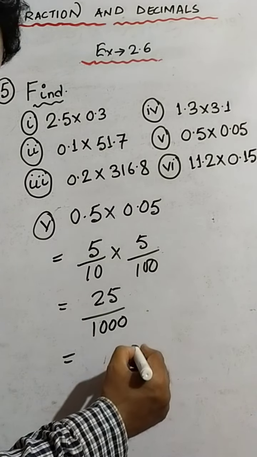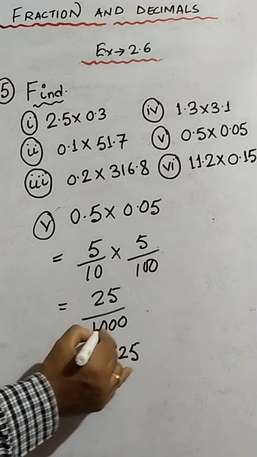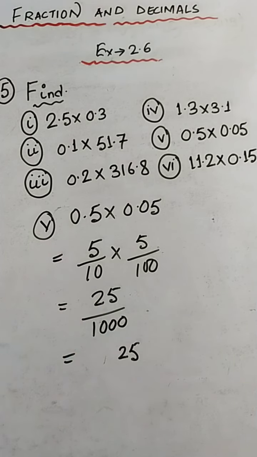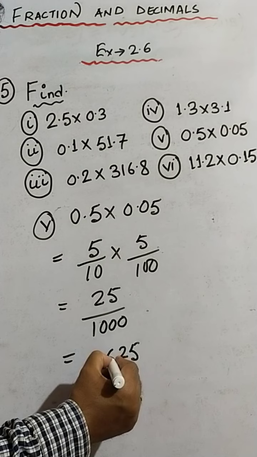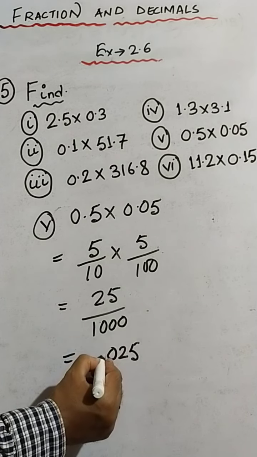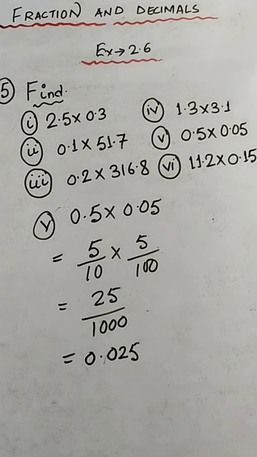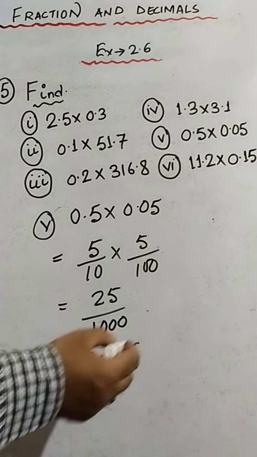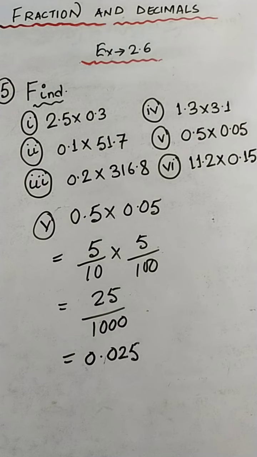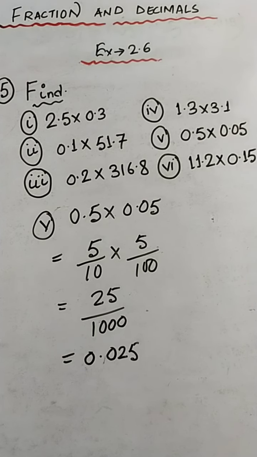What will the answer be? There are 3 zeros, but in the numerator we have 2 digits, so we'll add one more 0, then we put 0 and point, and on the left hand side another 0. So the final answer is 0.025.